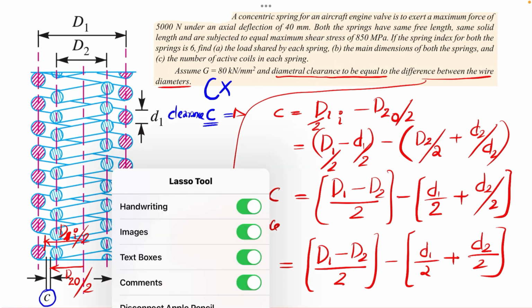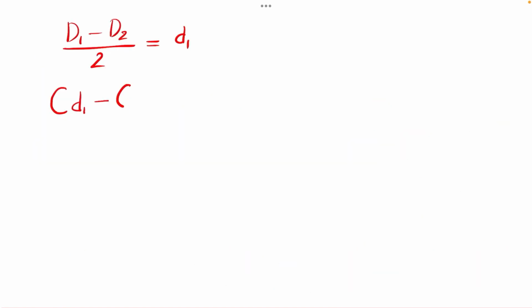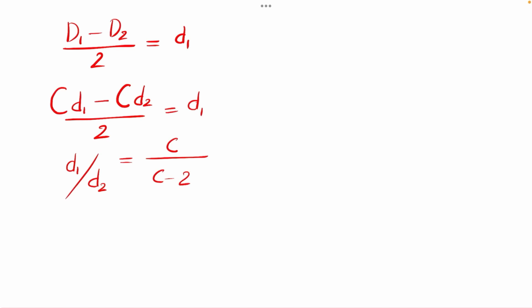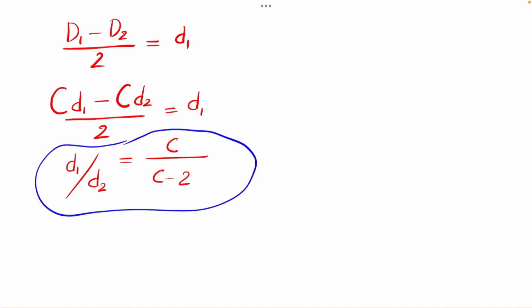So here we will be getting the final simplified expression: capital D1 can be written as capital C, that is spring index, into small d1, minus spring index into small d2, divided by 2 equal to d1, and this can be simplified to, finally, d1 by d2 as C divided by C minus 2. This expression we will be getting at the end of this.